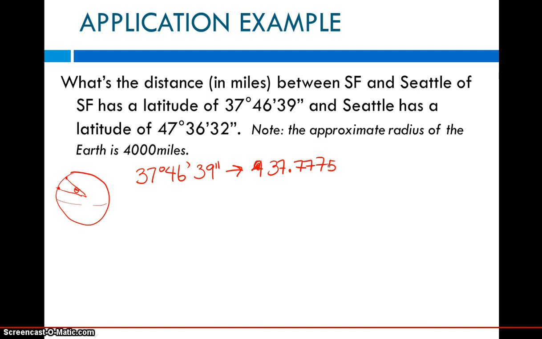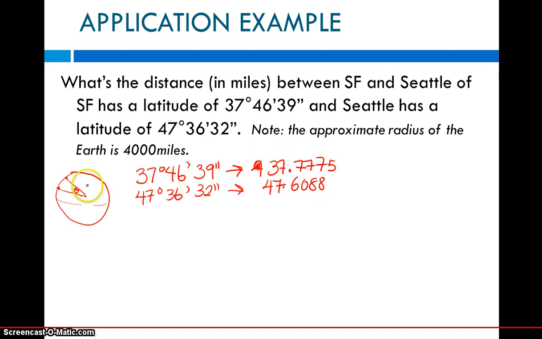And we want to do the same thing for Seattle's latitude. So 47 degrees, 36 minutes, and 32 seconds. If we go ahead and convert it, that's going to be 47.608 repeating. So now we know what our degrees are without our minutes and seconds.